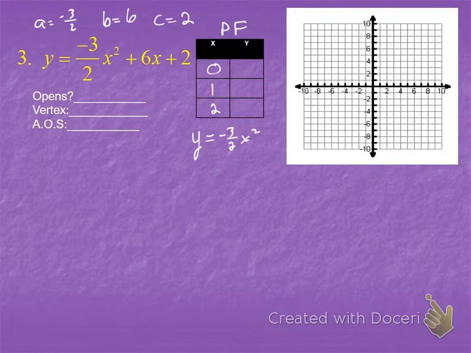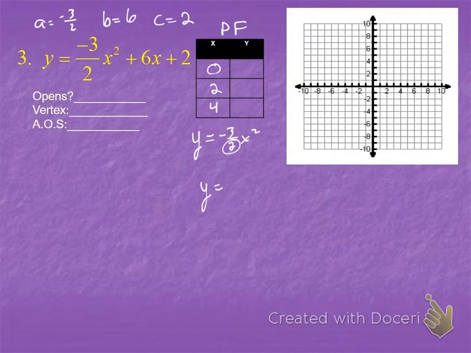But here's a trick for you. Since a is a fraction, we want to use multiples of the denominator, multiples of 2. It'll just make our lives a little bit easier. You'll see what I mean in a second. So I'm going to use 2 and 4. Okay? Just a slight adjustment because of what a is.